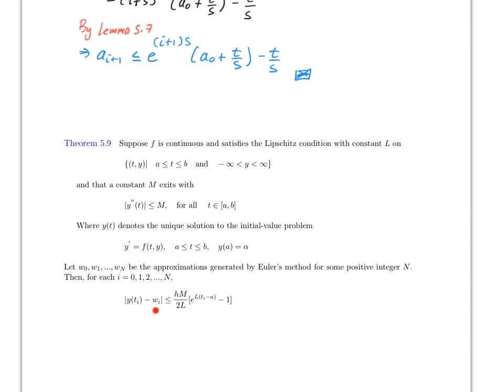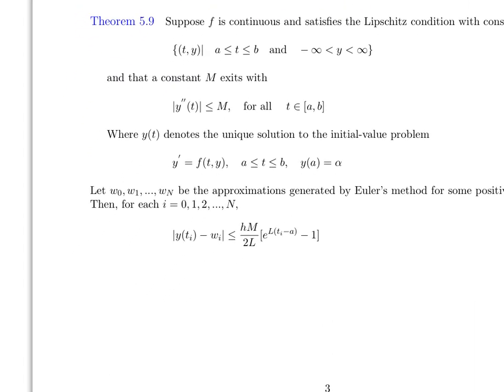The distance of the Euler approximation and the exact value will be less than or equal to hM over 2L times (e^{L(t_i − a)} − 1). Remember that M is the bound of the second derivative, h is the time step, L is the Lipschitz constant, and this will give you the error bound for Euler's method. The proof for this theorem is a very good candidate for a test question.